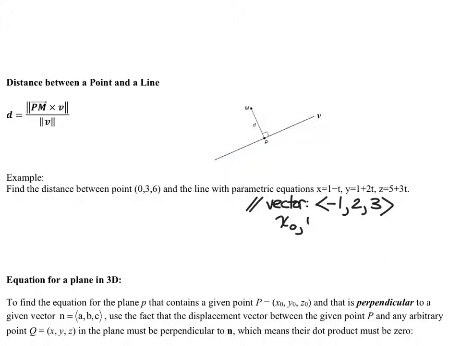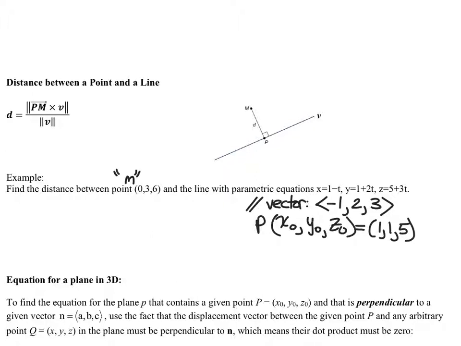I'm just working backwards from the parametric form. The coordinate, which we're calling point P, is going to be equal to 1, 1, 5. That's all information I'm pulling from the parametric equations. This point here is 0, 3, 6. That's the point M based off of this diagram. That's the point in space.